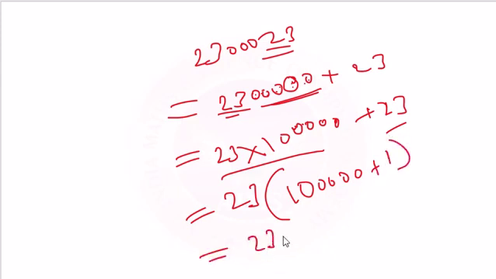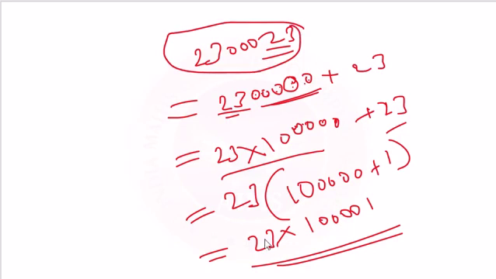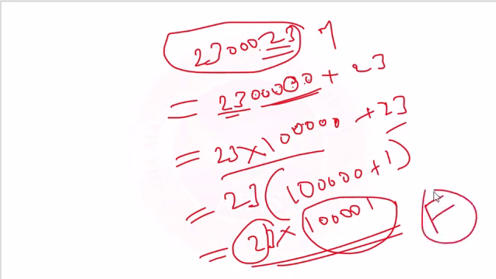So it can be written as 23 into 1 lakh 1. This is written as a product of these two numbers. So this is called the multiple, and these two are called factors. So 23 is a factor of this number. Without division we have found it.